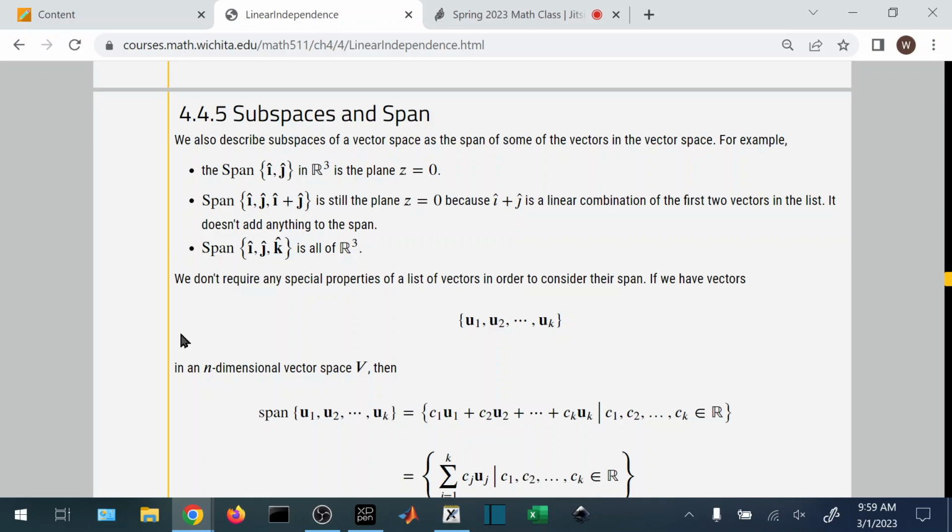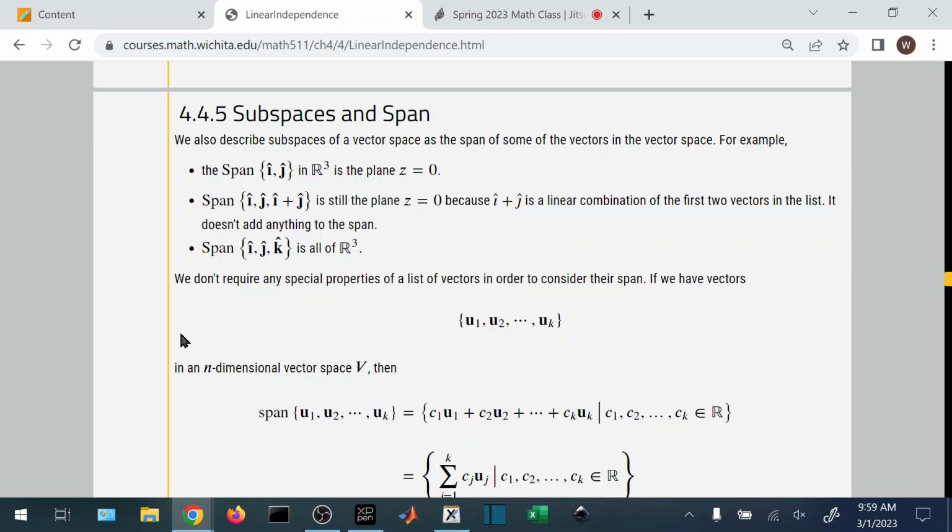Well, it's less than or equal to 3. So those vectors are linearly dependent, right? At least 3 of them are irrelevant to the span. They're linear combinations of the others. And if I'm in a three-dimensional vector space, but I only have 2 vectors, like i hat and j hat, their span can't possibly be all of R3, because the most that they can span is a 2-dimensional subspace, right?